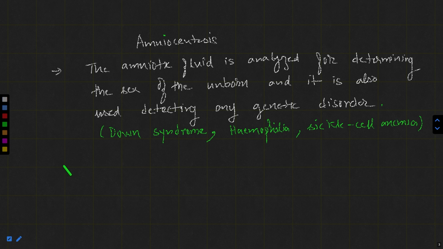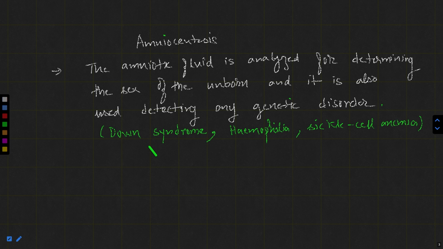So through amniocentesis, the sex of the unborn is determined, and couples are misusing it. If they find that the fetus is female, they go for female feticide. They abort the baby. This is against the rules of nature, against human rights, and it disturbs the natural balance.